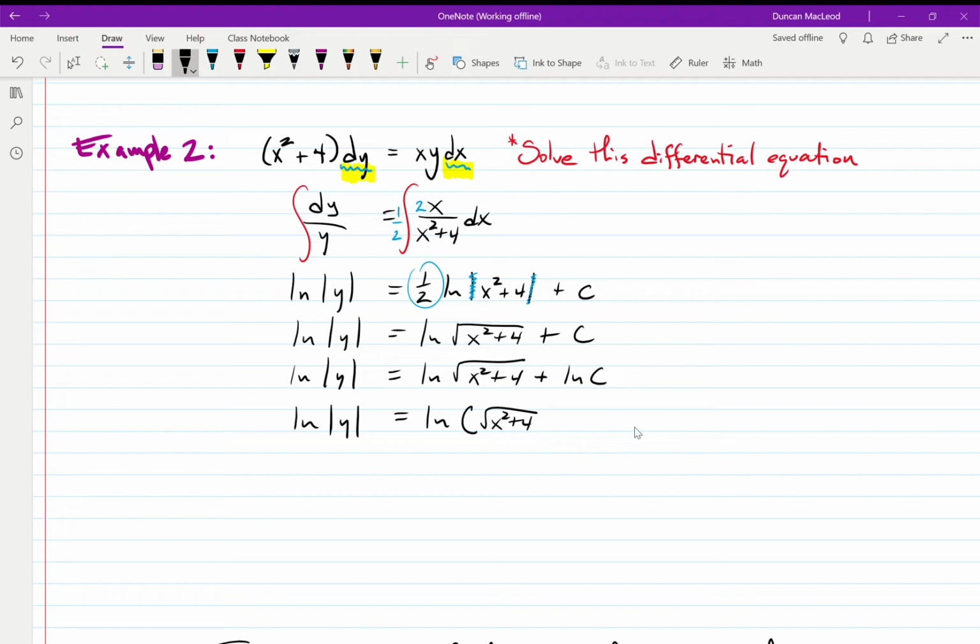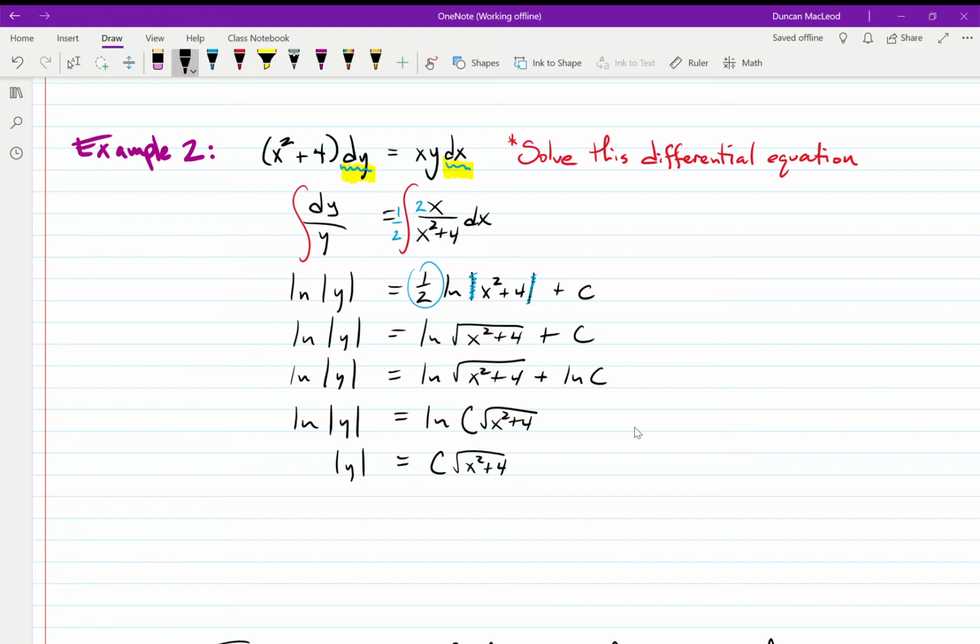And then by doing that, we can take off the natural logs because the insides are the same. So absolute value of y would be C times square root of x squared plus 4. And then if I want to remove the absolute value on the y, this is kind of like the shady area I was talking about at the beginning.